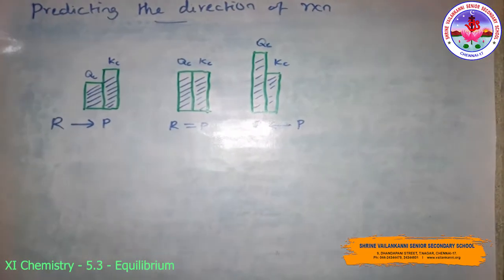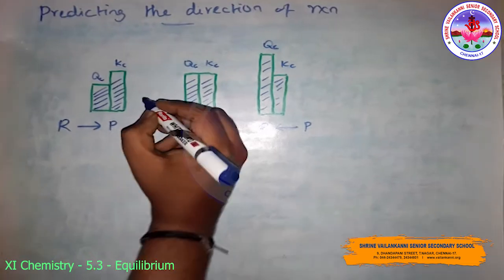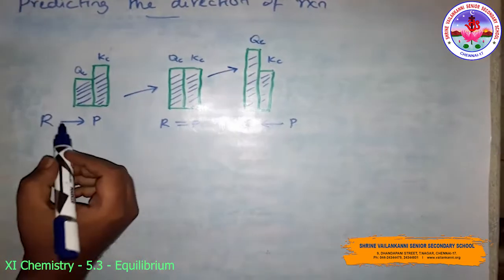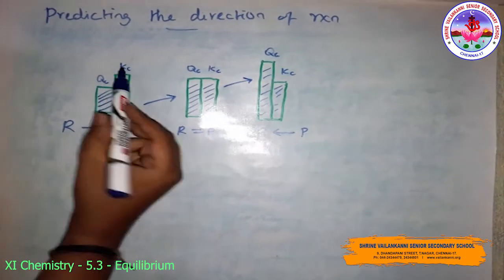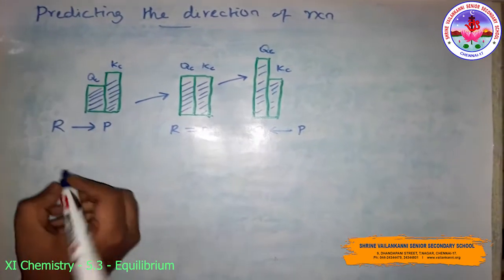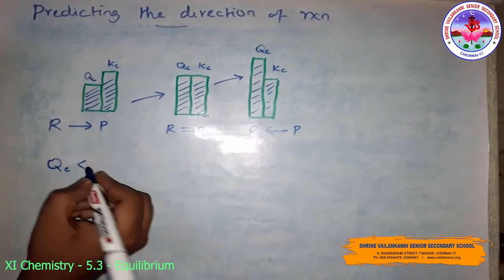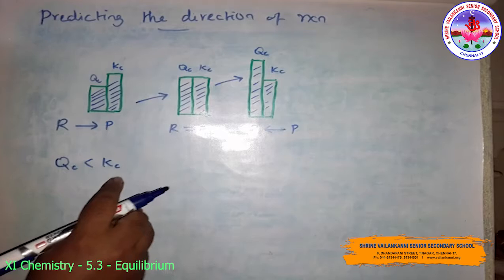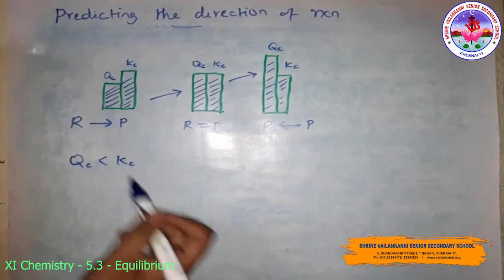See, this is predicting the direction of the reaction. Look at the Qc and Kc values. If Qc is less than Kc, the net reaction goes from left to right.